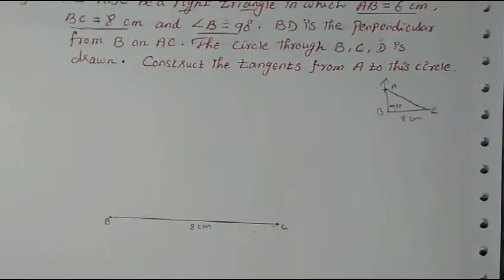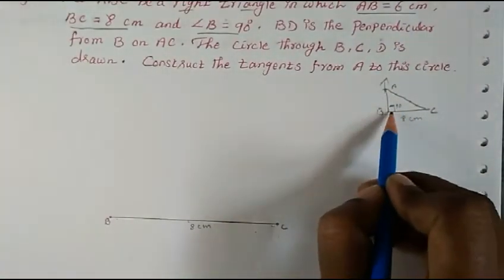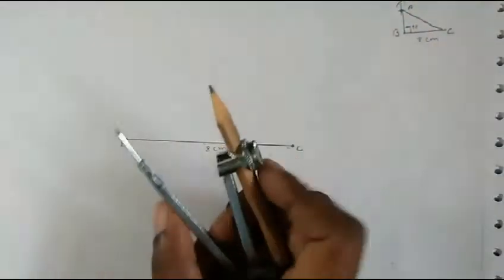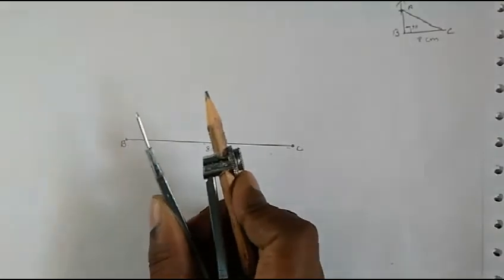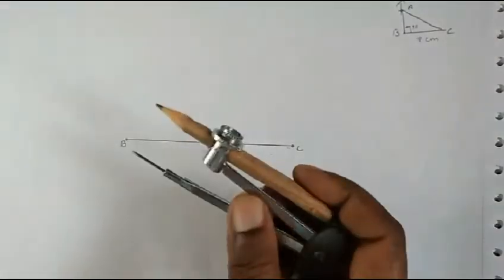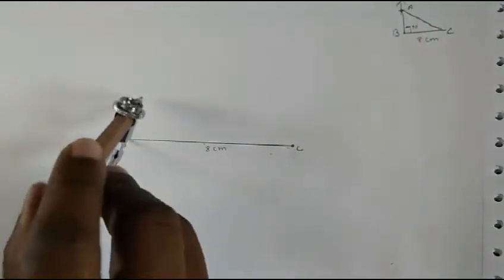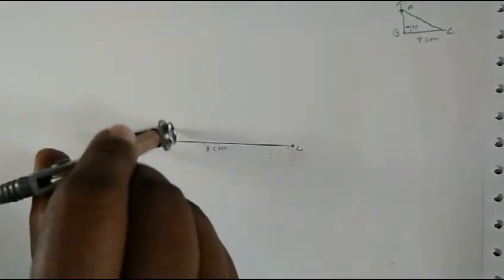Next we have to construct angle B as 90 degree. You can use a compass or protractor, whatever you want. So take the compass, otherwise keep a protractor and directly you can do it. So keep B as a center and draw one semicircle.